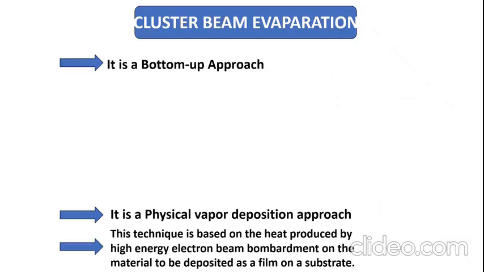This cluster beam evaporation is first of all a bottom up approach, in which you consider a nanoparticle initially, and that nanoparticle will be combined to form a cluster. These bunches of clusters will again combine to form n number of atoms or molecules. In a cluster, we may easily have 2000 to 3000 atoms.